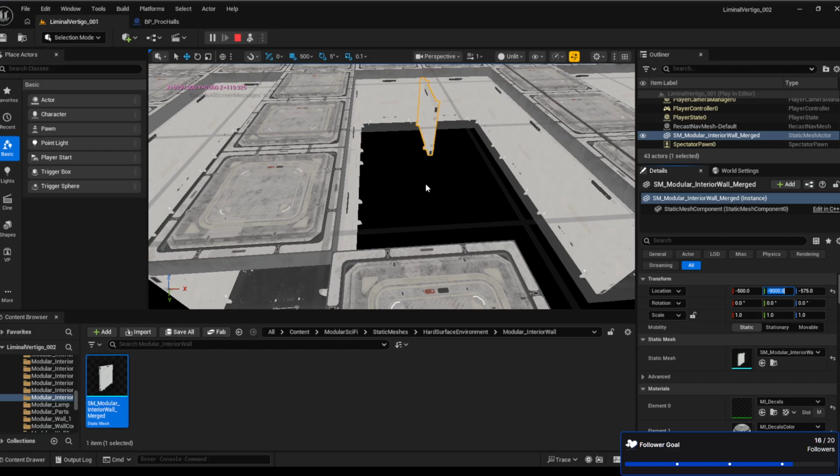I gotta look for negative 1,000 and negative 9,000, negative 8,000 to negative 9,000.